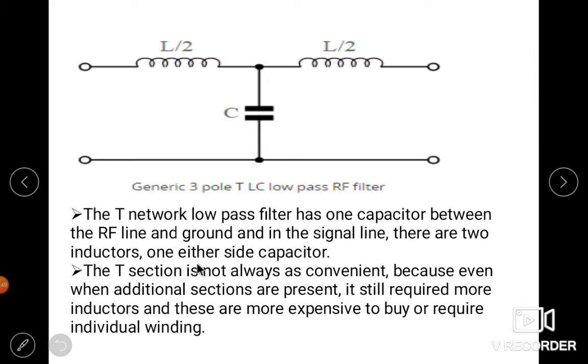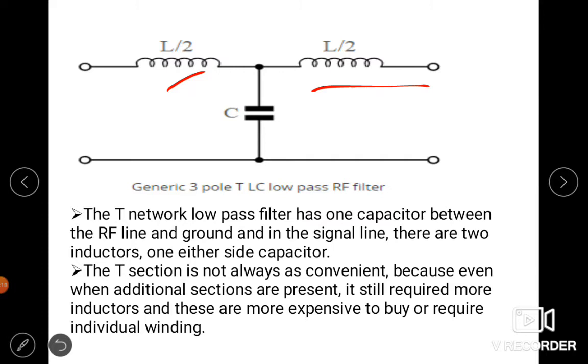There are two inductors, one on either side of the capacitor, and the inductance value is half of the total. T is not always convenient, because even when an additional section is present, it still requires more inductors, and these are more expensive to buy, with the required number of individual windings.